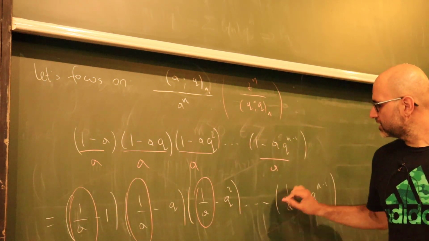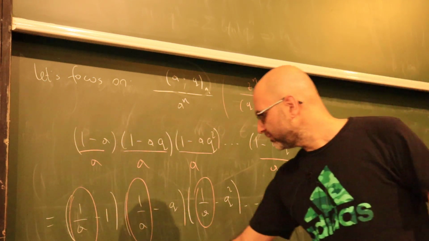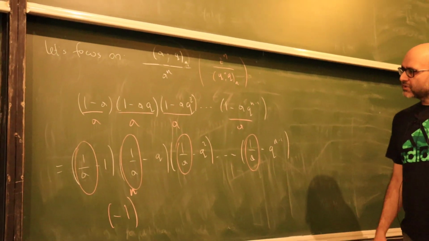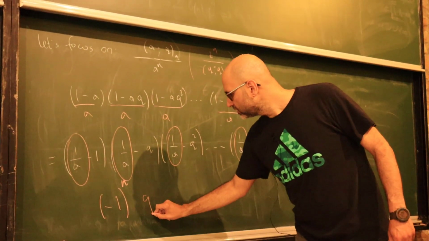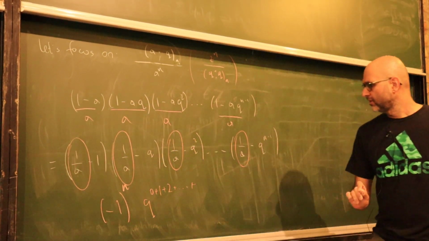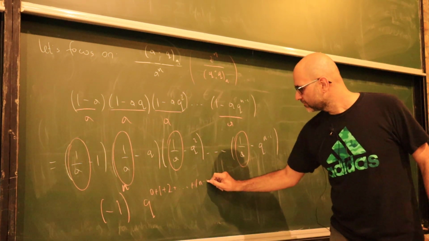Now, all of these 1/a guys are going to be zeros. Now we are good. But we have some other accumulating factors here. For instance, we have a bunch of minus signs, which we can write. How many of them are there? (-1)^n. What else? We have q to 0 plus 1 plus 2, lovely law of exponents, up to n minus 1.